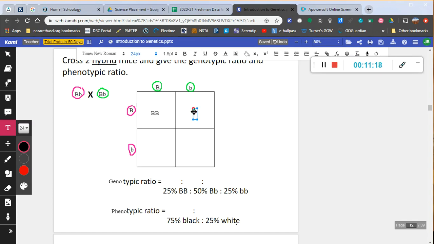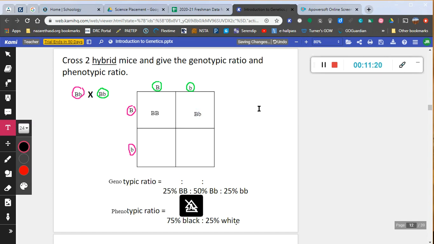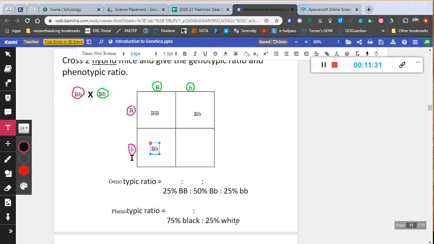Over here, capital B, lowercase b. Capital B from parent 1, lowercase b from parent 2. In this box, capital B, lowercase b as well. Capital B from parent 2, lowercase b from parent 1. And here, 2 lowercase b's, where each parent is providing a recessive allele.